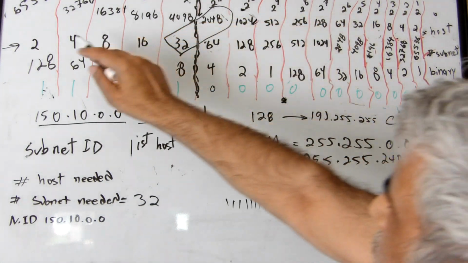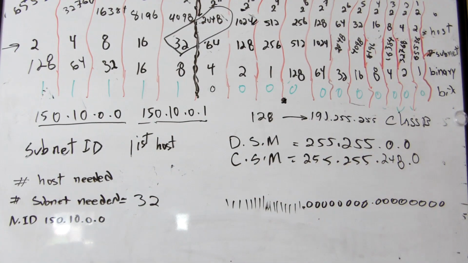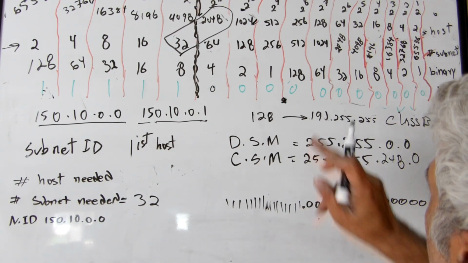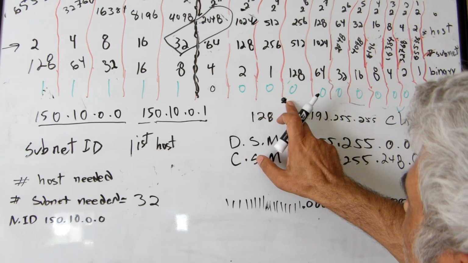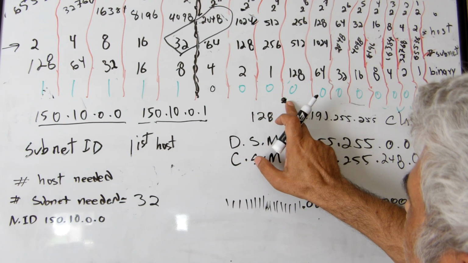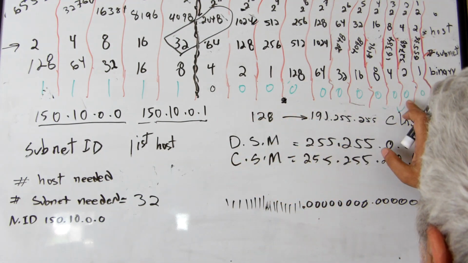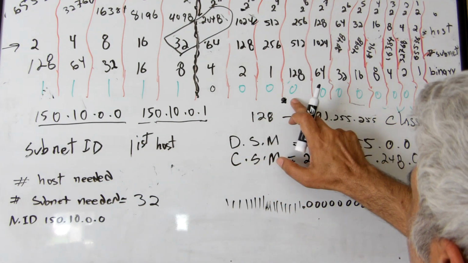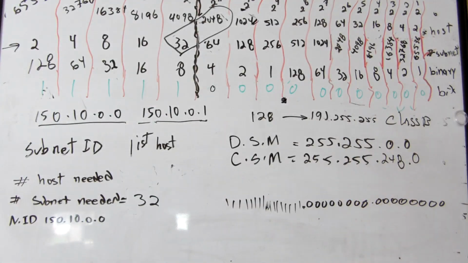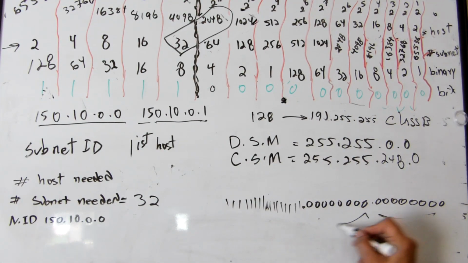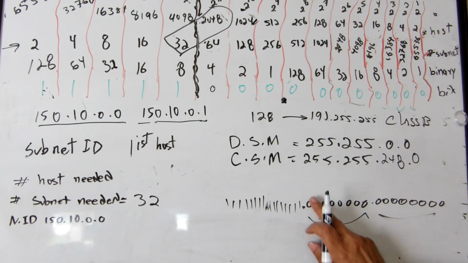You write it up to 65,536. It means there are 8 zeros here and another 8. 1, 2, 3, 4, 5, 6, 7, 8, and then another 8 here. But here we have changed it.